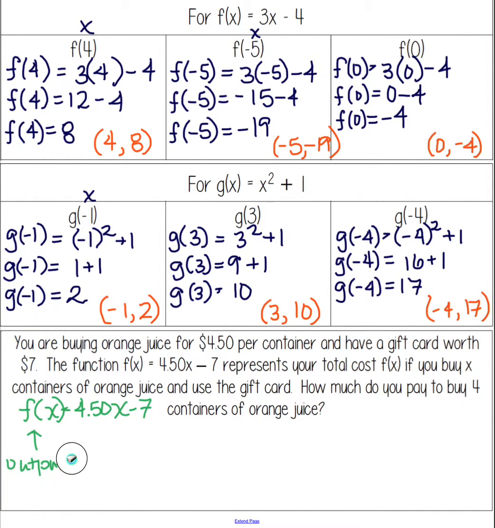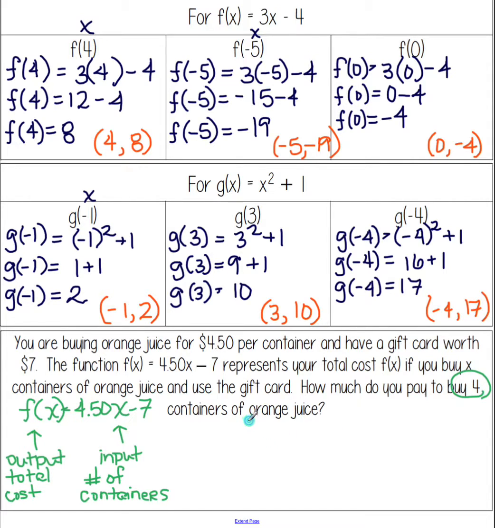And then our input is the number of containers. And so we're going to input the value of 4.